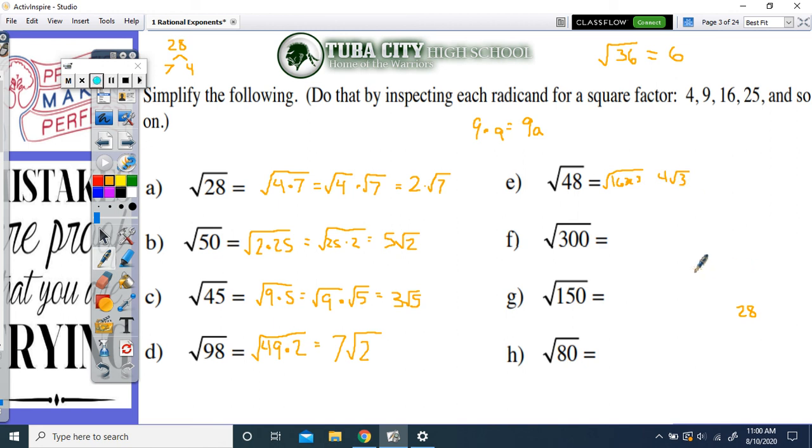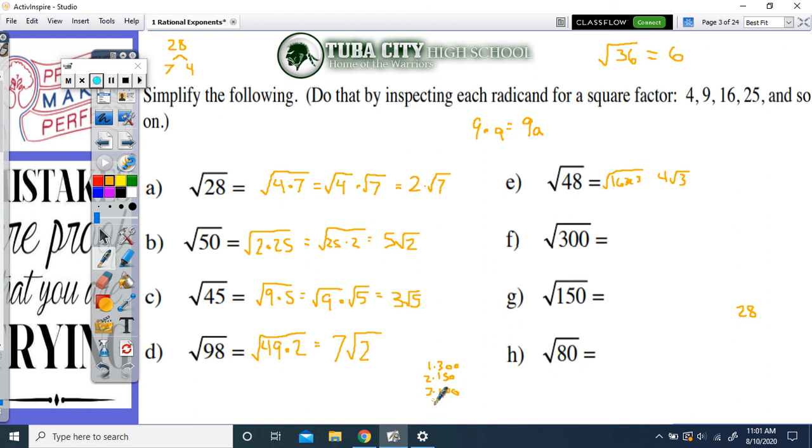Now I need numbers that multiply to 300, and again, there are a lot of numbers that you can multiply to 300. One thing you could do, if you remember, is to make a factor diagram, which would be something like this: 1 times 300, 2 times what gives me 300, so that'd be 150, 3 times 100, and there's a lot more too.